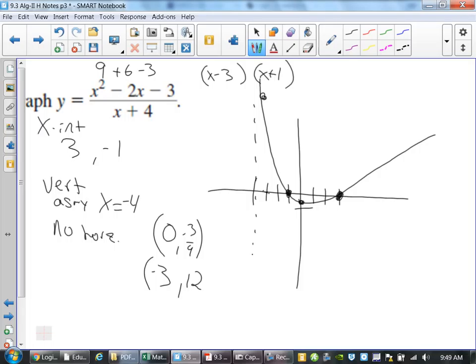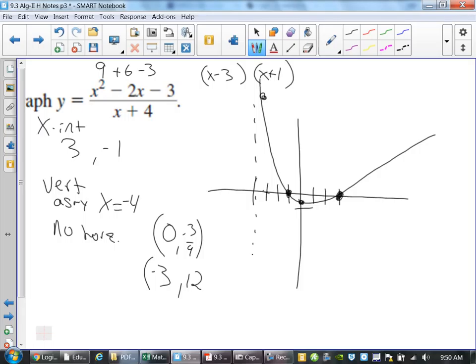Are we going to have to label the points? Yeah. What I want you guys to do when we're doing these things is I want a couple of points on either side of the asymptote, and then usually you want to throw in the y-intercept. The reason that I know that this tail is doing that: look at the degrees of the numerator versus the denominator.